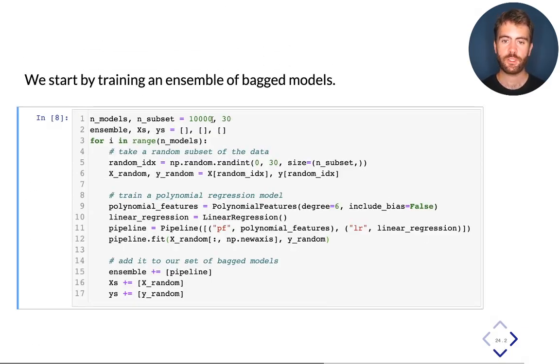Here I'm going to be training 10,000 models. I'm going to be taking 10,000 samples of 30 points out of my set of 40 points.